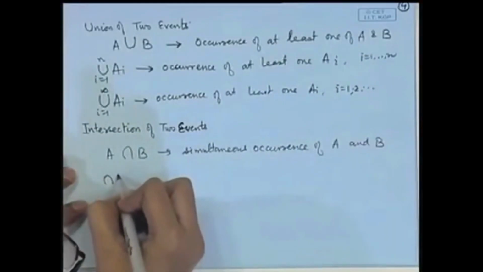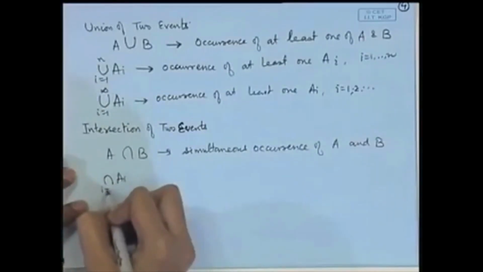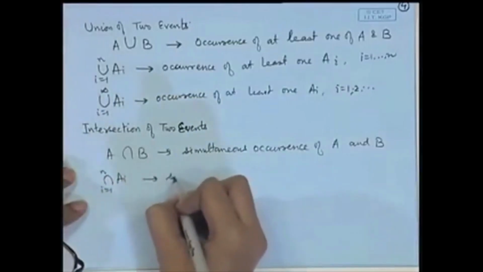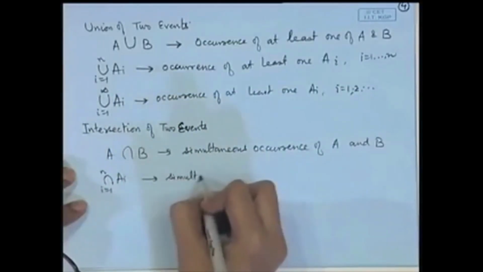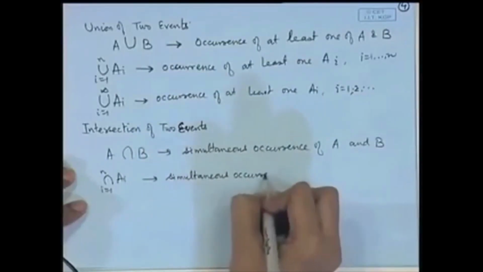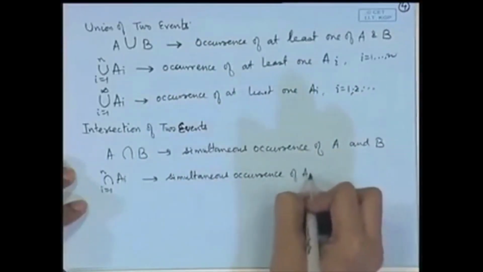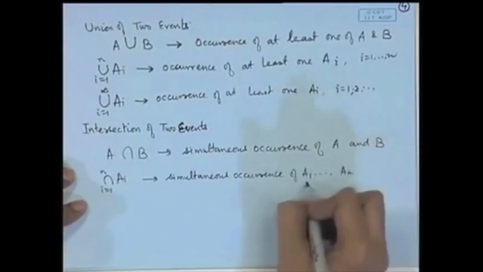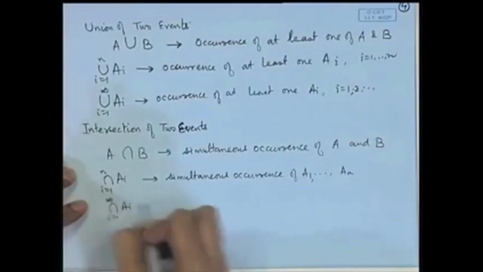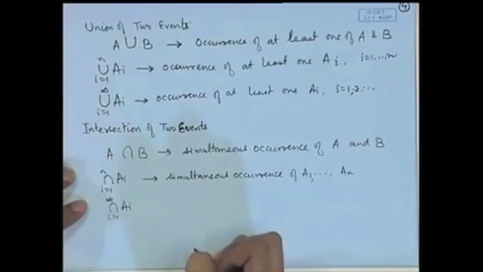Similarly, we can consider intersection of n events Ai, i equal to 1 to n, that is simultaneous occurrence of A1, A2, ..., An. That means all of the events A1, A2, ..., An occur, and in a similar way intersection of a countable collection of events A1, A2, etc.